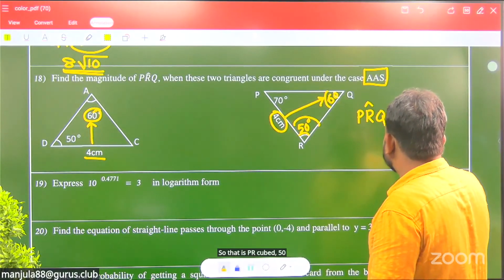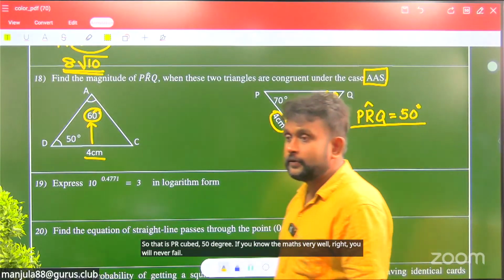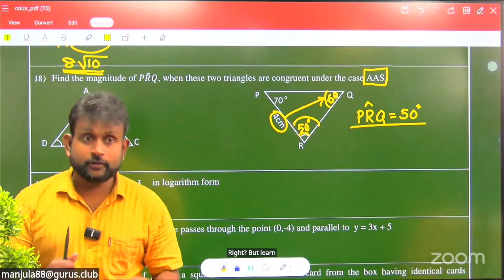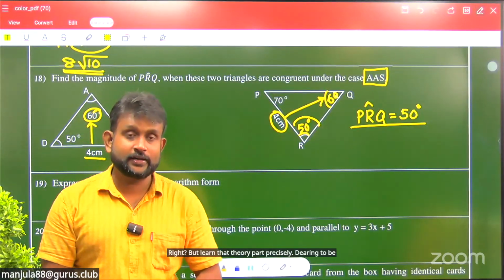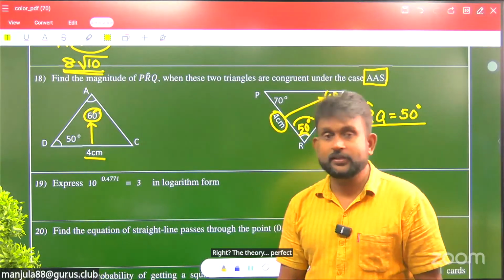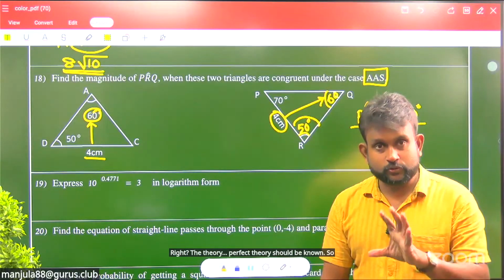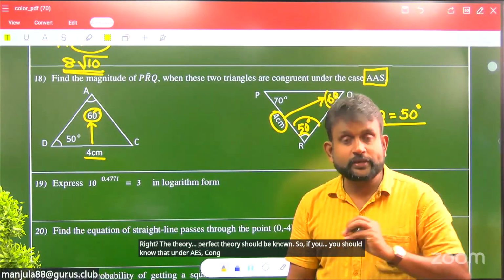If you know the maths very well, you will never fail. But learn the theory part precisely. Perfect theory should be known. You should know that under AAS congruent, the side has to be corresponding.